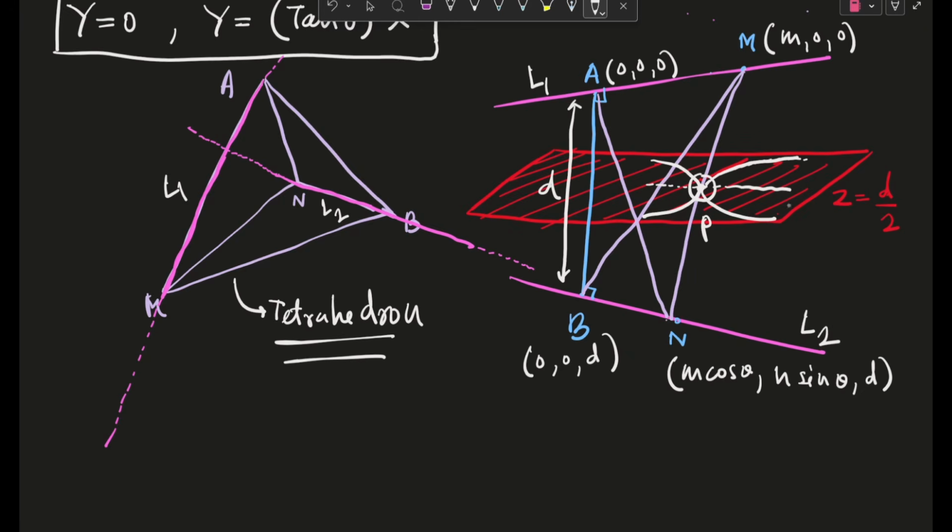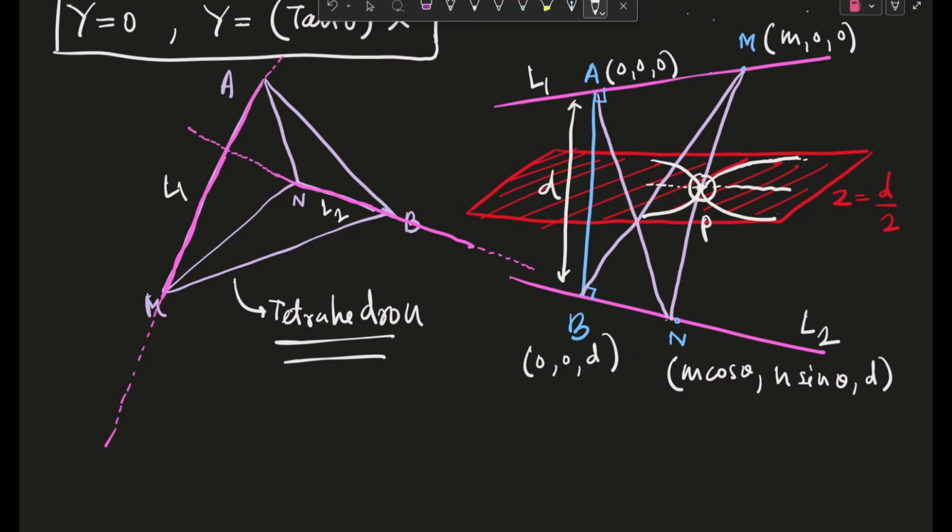and you can see this is the midpoint P of M and N, which is lying in between L1 and L2, which are two skew lines, and this is the plane Z equals D by 2 on which this hyperbola is lying. Now the hyperbola is not obviously accurate, I just wanted to depict the shape. So maybe this will be an approximate diagram, and now we can find out the answer.